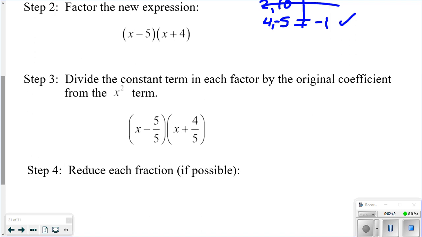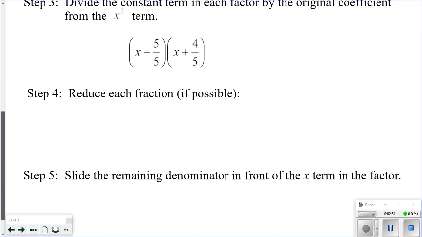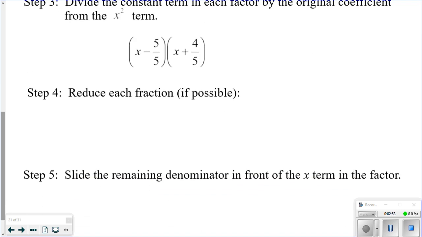Okay, but we don't like fractions, so the next step is to reduce each of these fractions if possible. So I know that negative 5 divided by 5 becomes negative 1. But 4 divided by 5 does not reduce or simplify, so we're just going to leave it alone for right now. Okay.